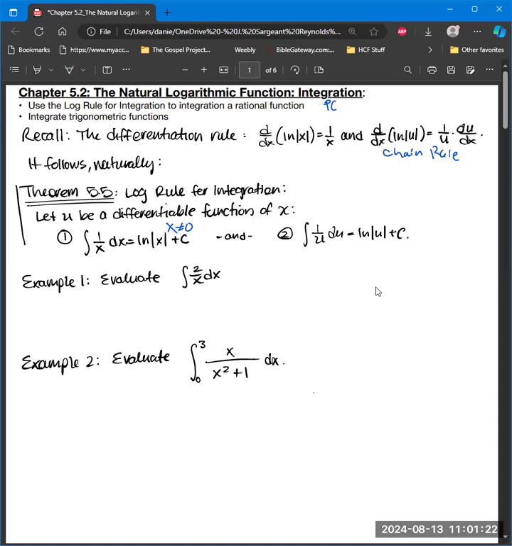We're also going to integrate some trigonometric functions here in just a second. This is a rational function like that. Remember, q of x can't be equal to 0.